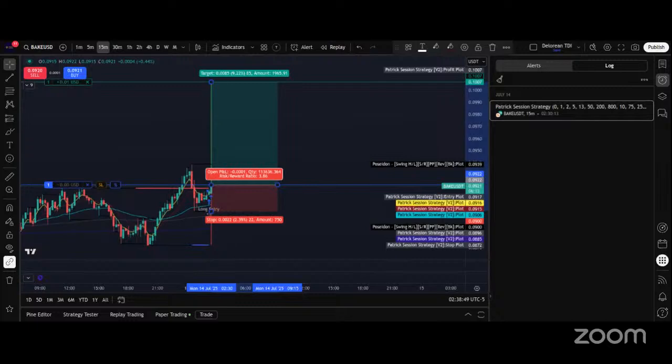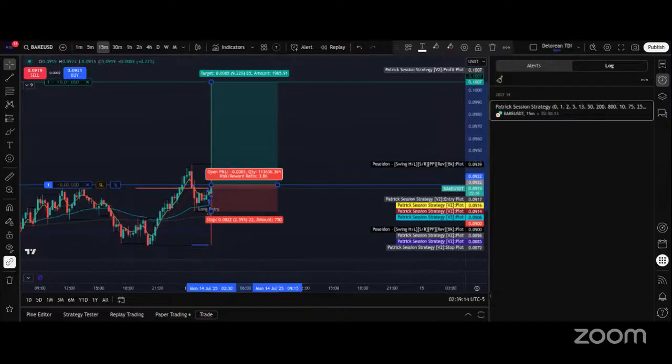And this is going to be BAKE, USDT. Bake versus Tether. 15-minute confirmation. Market execution buy. This time is going to be a 3.86 risk to reward ratio, with take profit at 0.1007.